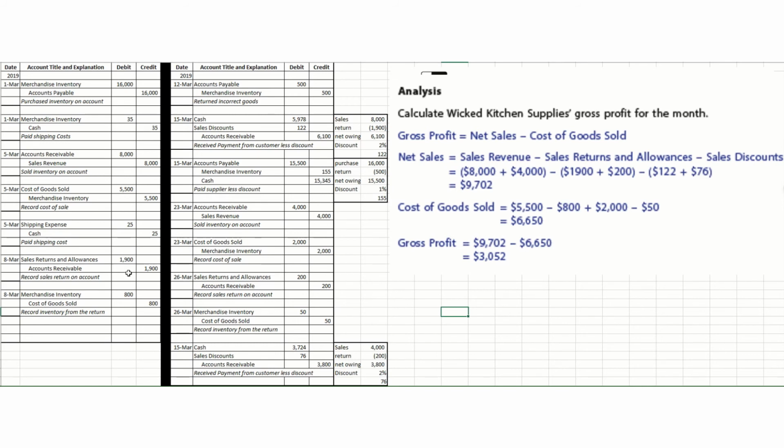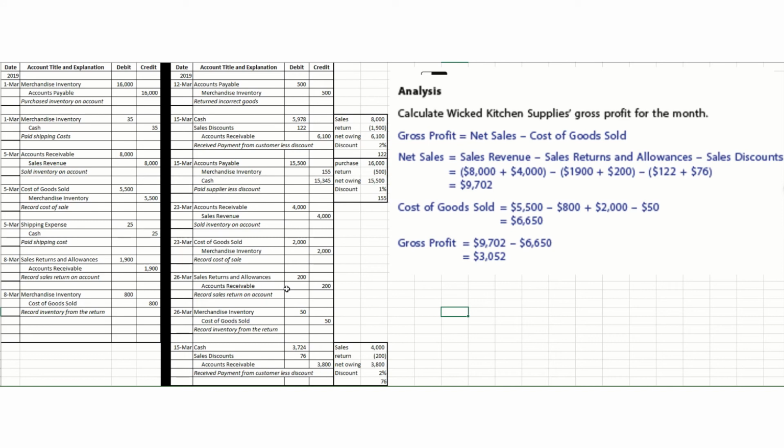So if you look through our transactions for the month, we have two sales being $8,000 on March 5th and $4,000 on March 23rd. We had two returns being $1,900 on March 8th and $200 on March 26th.